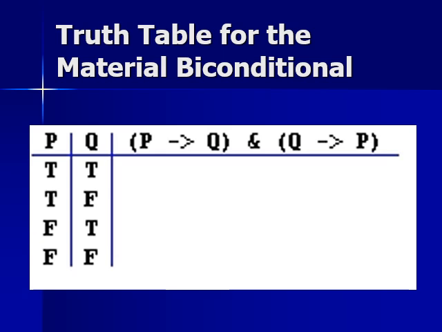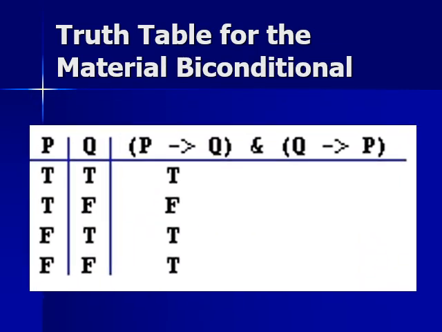Now, what we want to do when we go through this, and we'll end up in the same place, is start filling in the rows. Let's start filling in the rows under if P then Q, when we've got the truth table with the P's and Q's over here on the left. What we'll get is true, false, true, true. That's just the way the truth table for if P then Q goes.